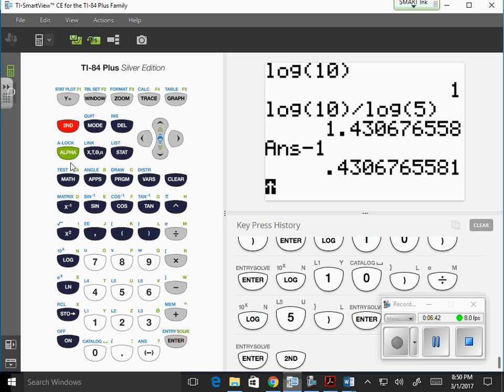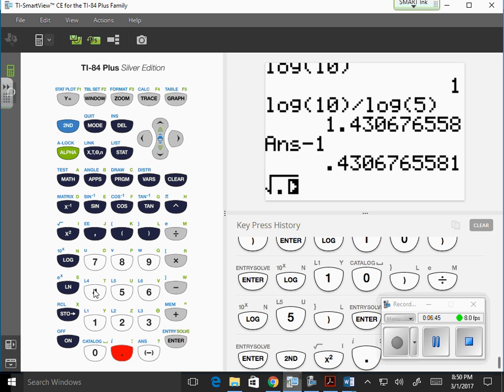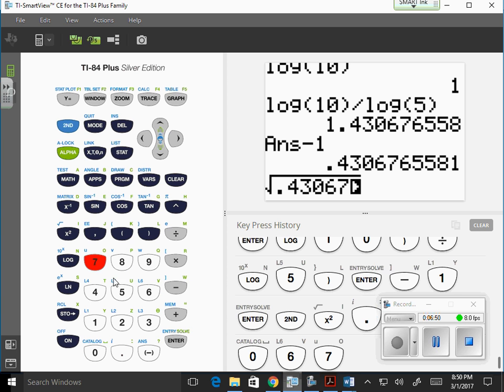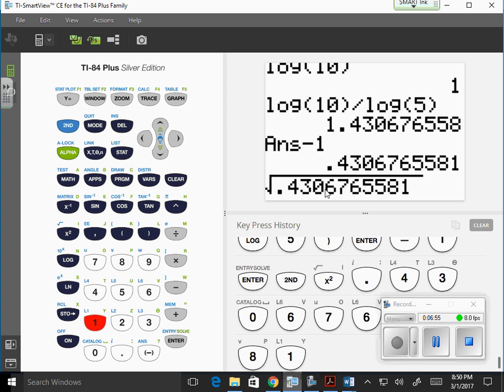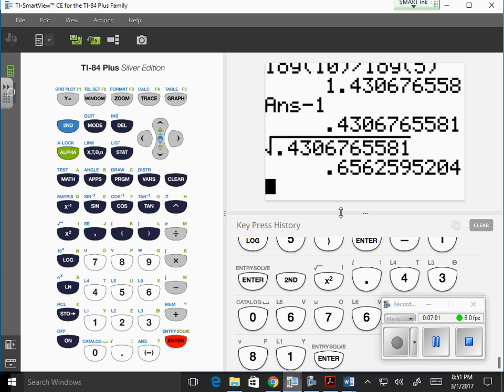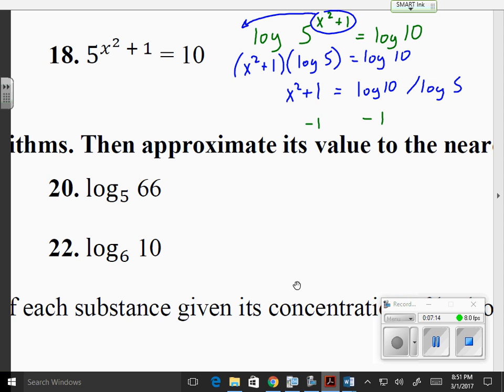So to keep from rounding, I'm going to try to type as much of the answer as I can. Press enter, and then I'll take that number and round it to the nearest 10,000ths place, so 0.6563. That 5 means I need to bump this 2 up to a 3. So x would be equal to 0.6563 for number 18.